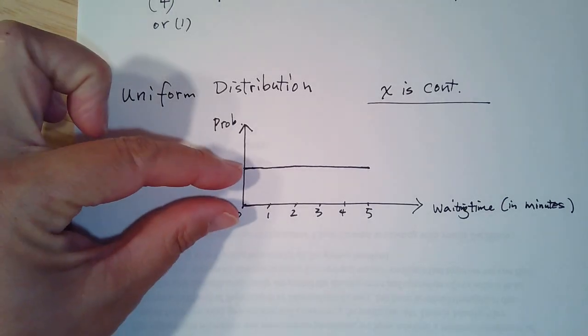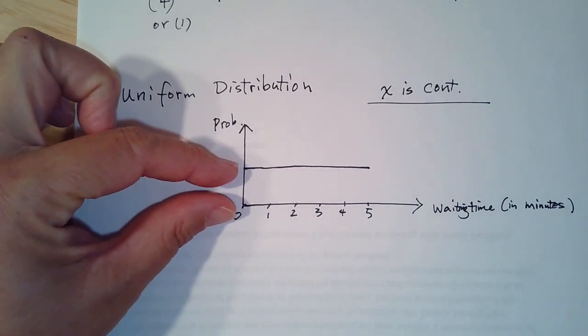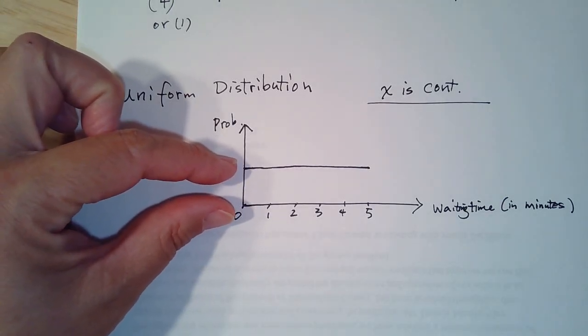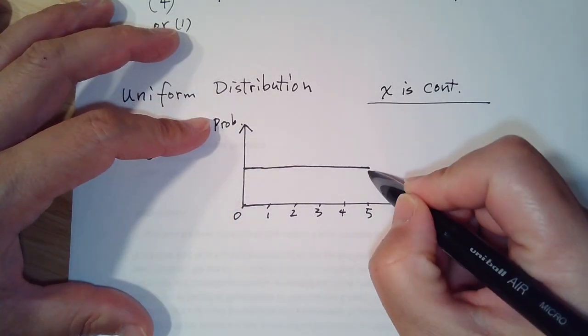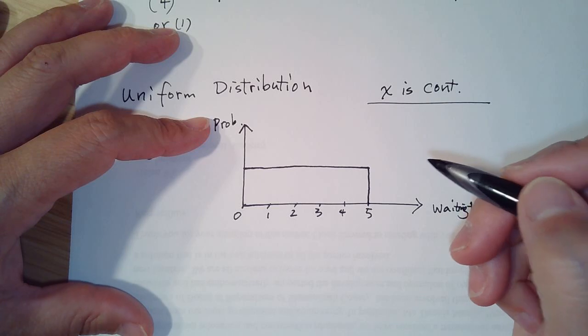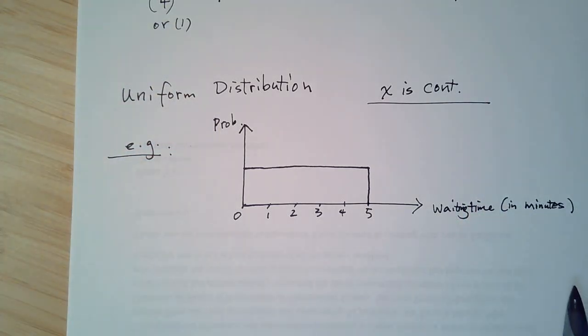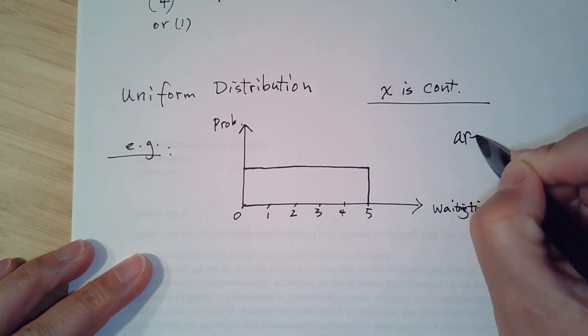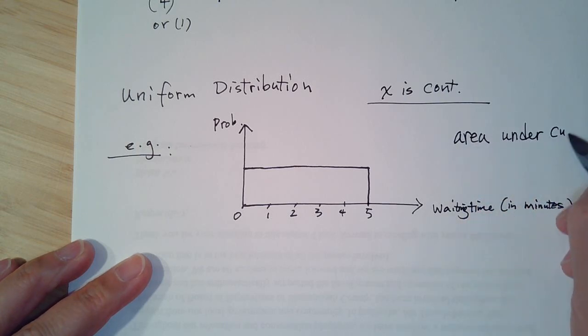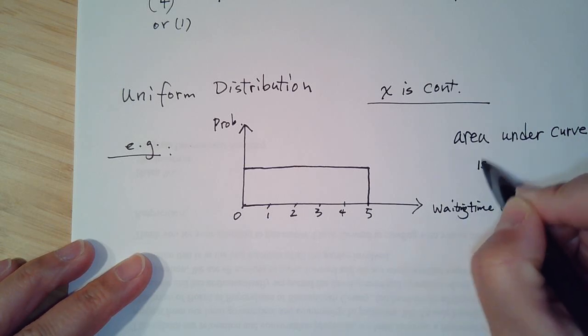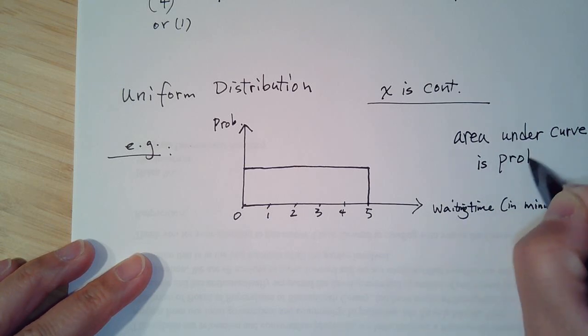Do you know how high this should be, or what is the y coordinate of this line, or y equals what number? Okay, you're going to connect that, and it becomes a rectangle. And remember, the area under the curve or function graph is probability.